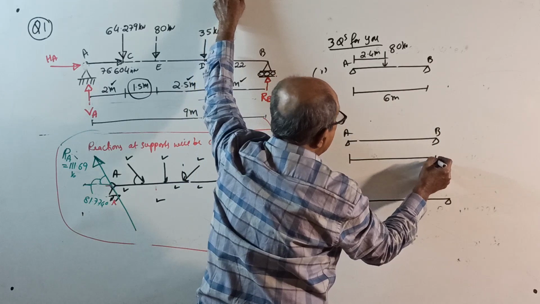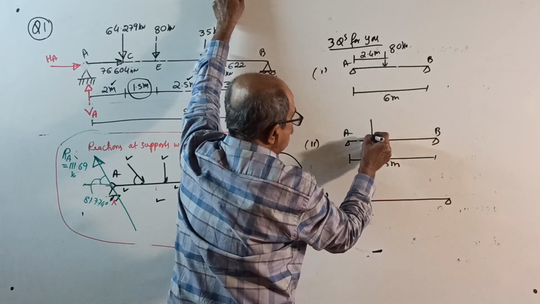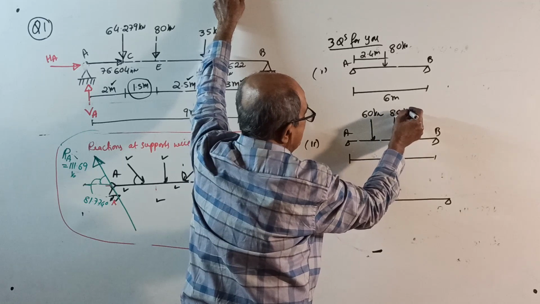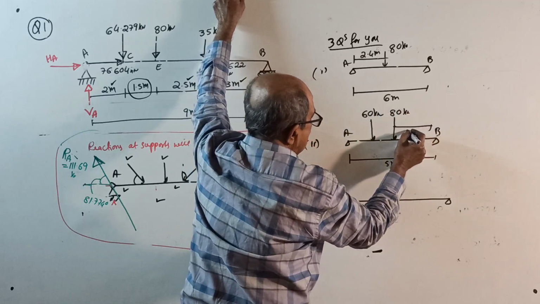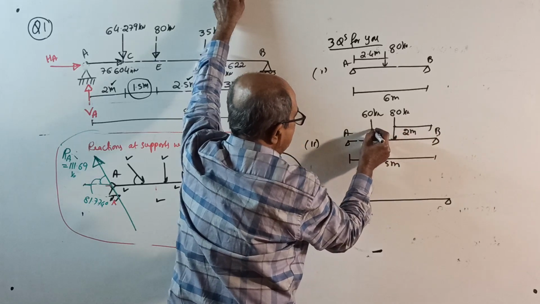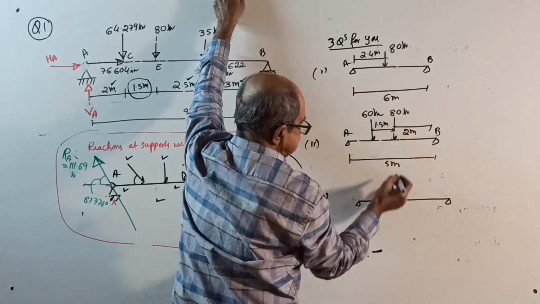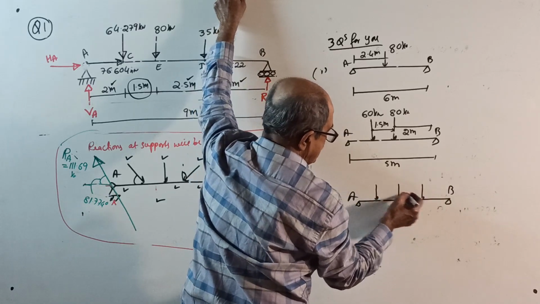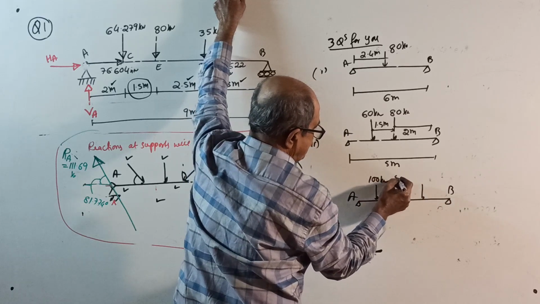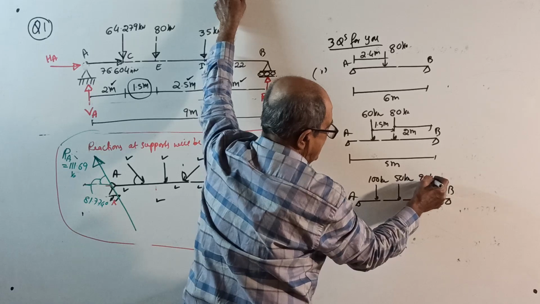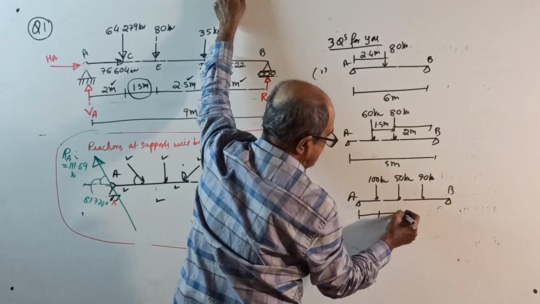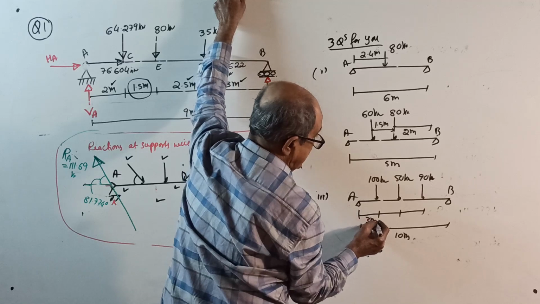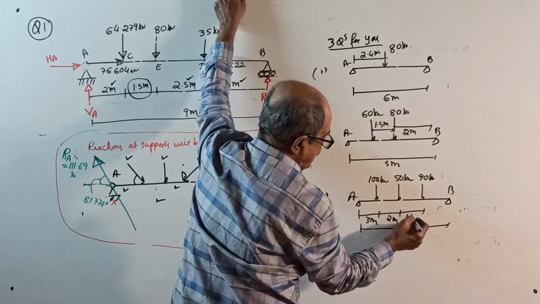Span of 5 meter, out of scale, 2-point loads, 60 kilonewton and 80 kilonewton, 2 meter from here, this is 1.5 meter, ABCD. 3 loads: 100 kilonewton, 50 kilonewton and 90 kilonewton, 10-meter span, 3 meter, 2 meter, 1.5 meter.